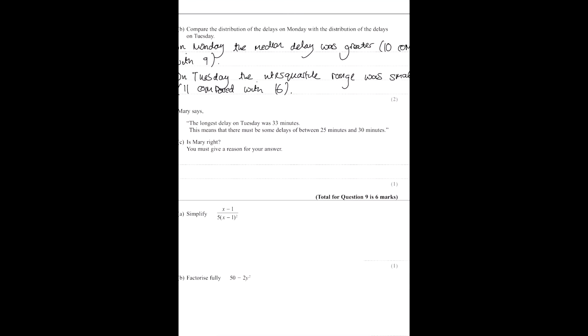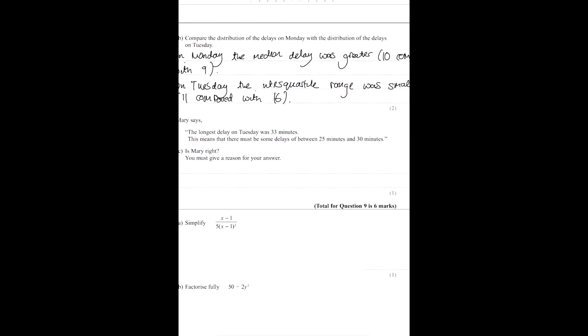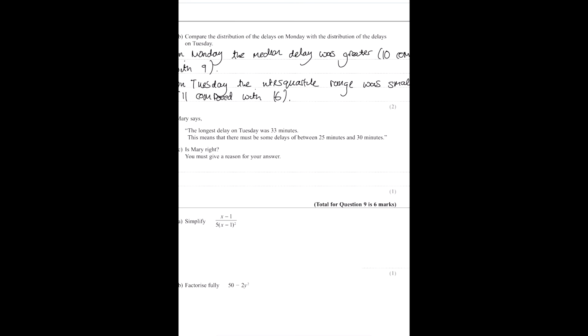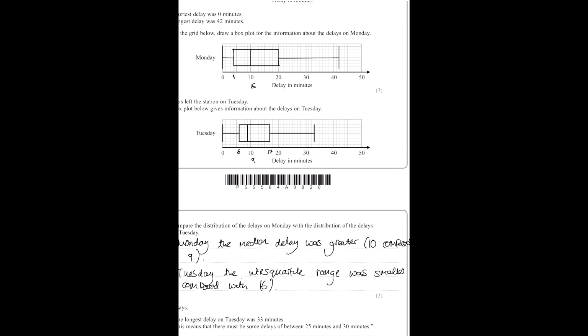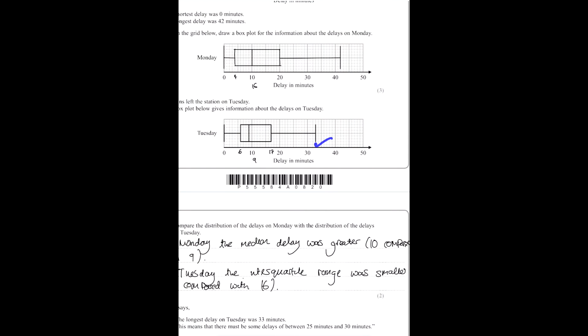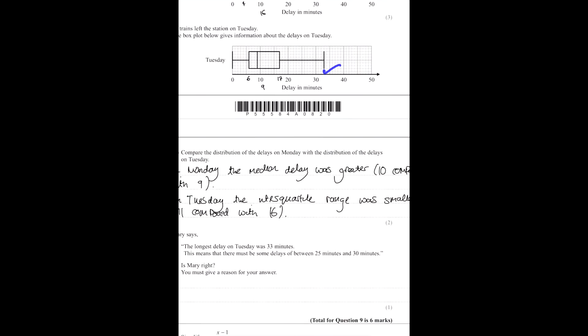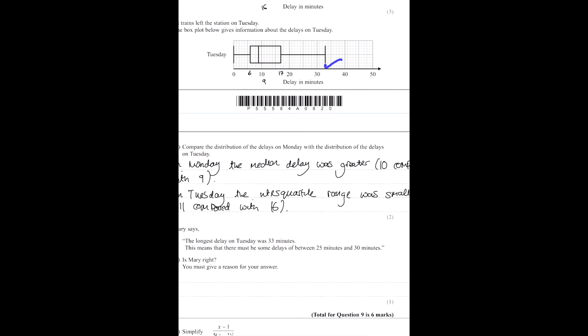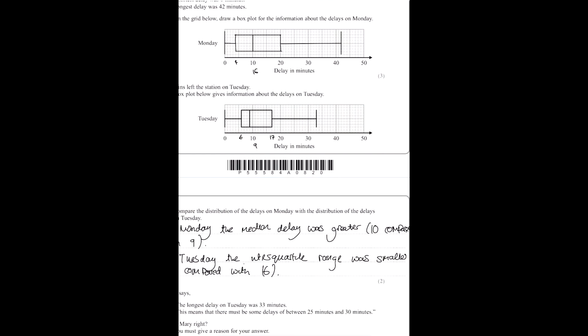Next one, Mary says the longest delay on Tuesday was 33 minutes. This means that there must be some delays of between 25 minutes and 30 minutes. Is Mary correct? Well, the longest delay is 33 minutes, which is correct, so that first statement is true. But she then goes on to say there must be delays of between 25 and 30 minutes.